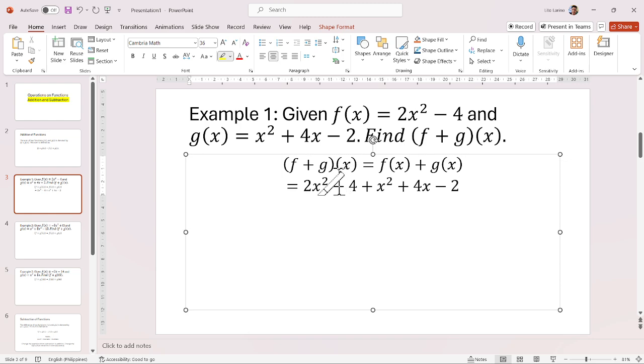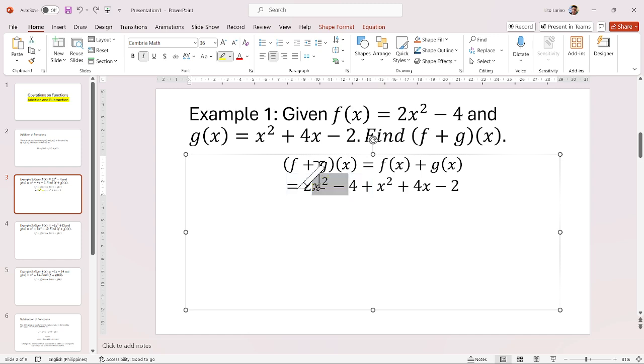The term with the highest exponent of the variable x here is x squared, 2x squared, and x squared. Again, to add these two functions, we will look for the similar terms. Start with the terms with the highest exponent of the variable. That is 2x squared.